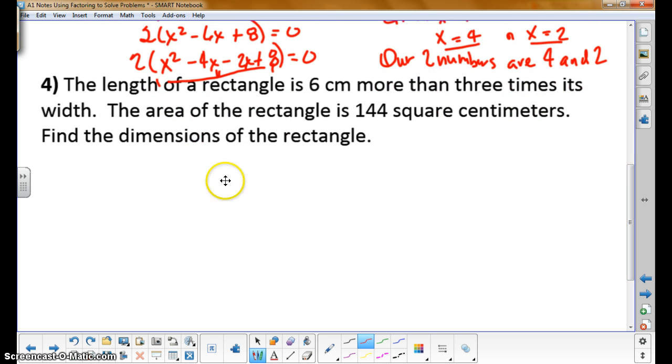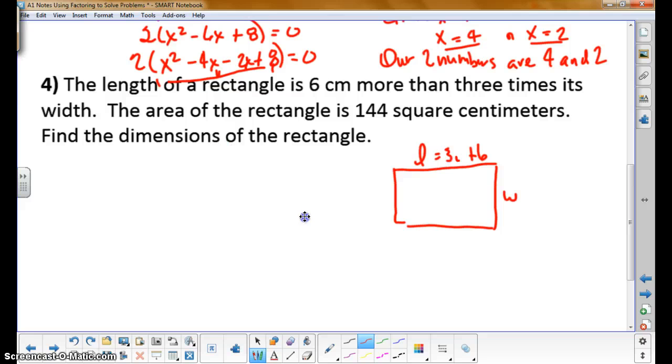Okay, the length of a rectangle is 8 greater than twice its width. Oh, these are our favorites. Okay, width, and it's 8 greater than twice the width. And then find the dimensions if the area is 42. So width times 2w plus 8 is equal to 42.